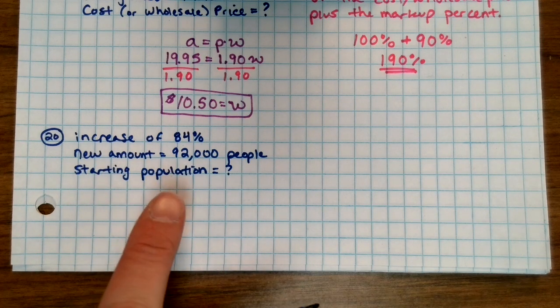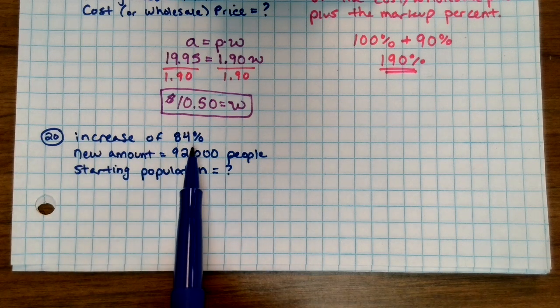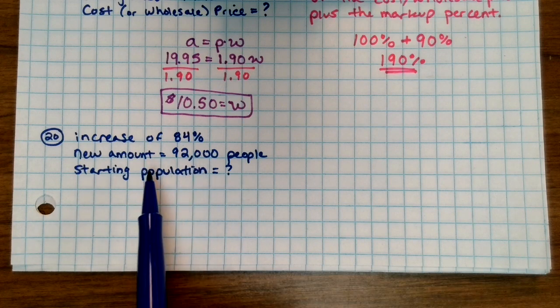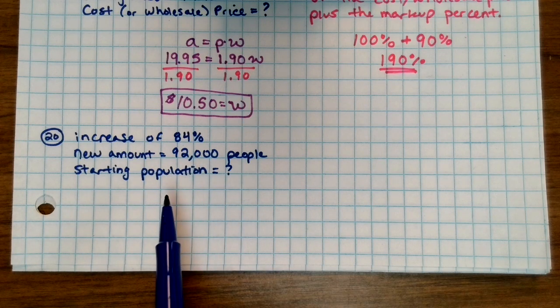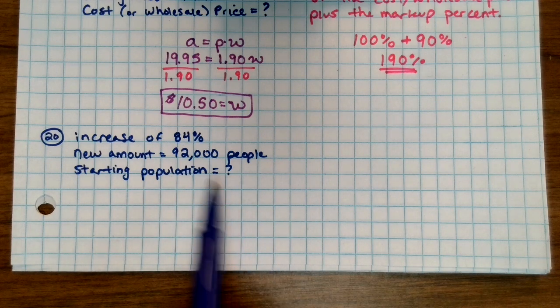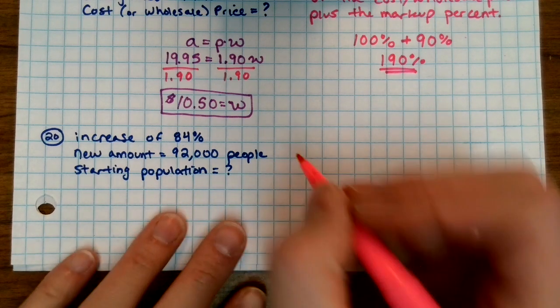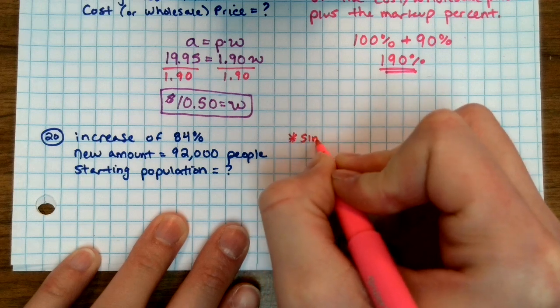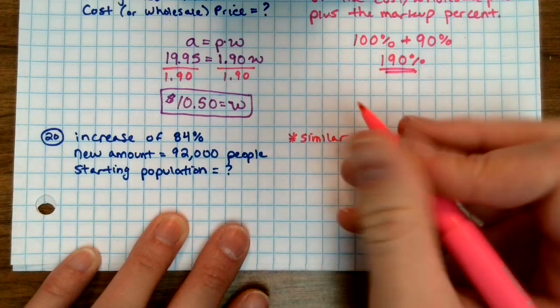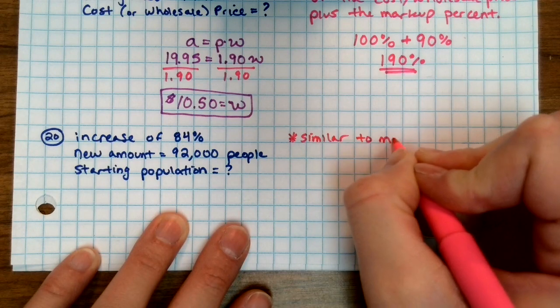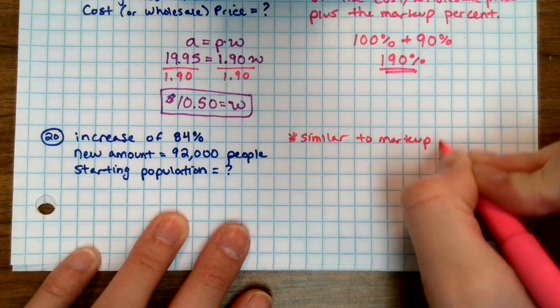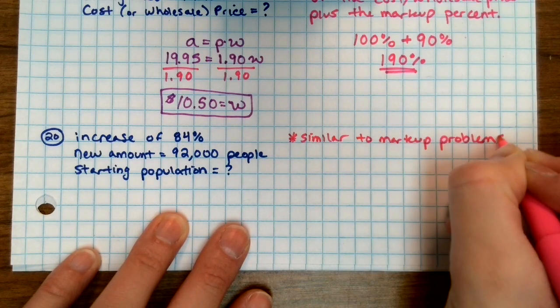Writing down that key information, the increase was 84%, the new amount was 92,000 people, and we are trying to find the starting population. This is very similar to the markup problem, so we can make a note that this is just like how we solved the last one, similar to markup problems.